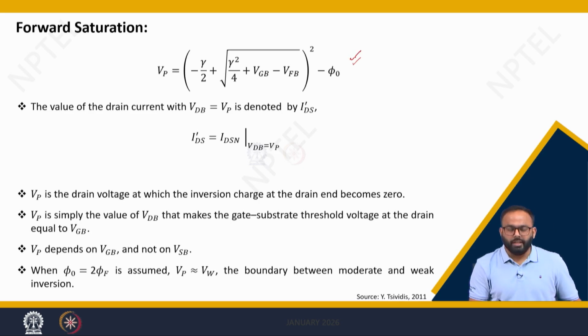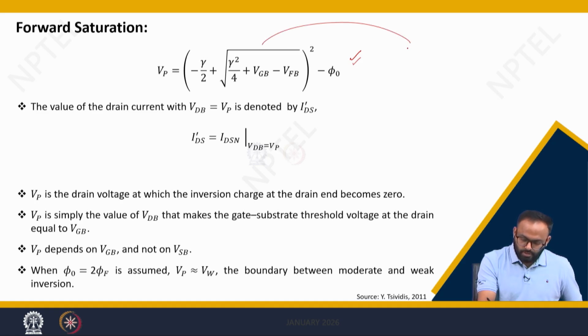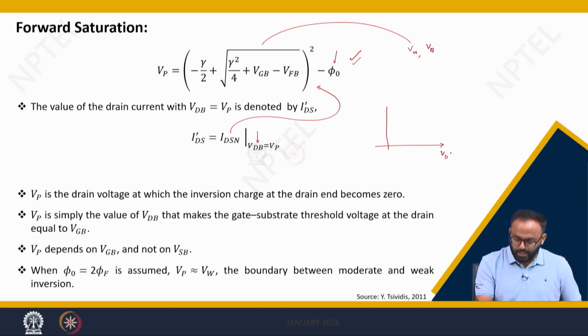We have already defined this term in terms of VW, in terms of VQ, right, where we need to modify this phi naught. So what is the pinch off voltage? The pinch off voltage is the value of VDB at which my drain current is saturated, or the slope of IDSN with respect to VDB is 0. So this point is VSB, correct. This is where the slope is 0.